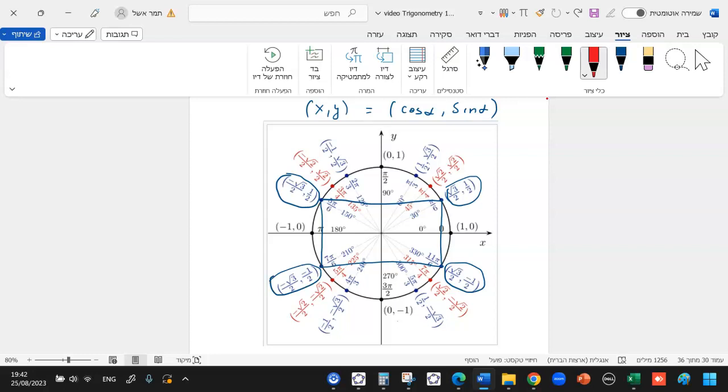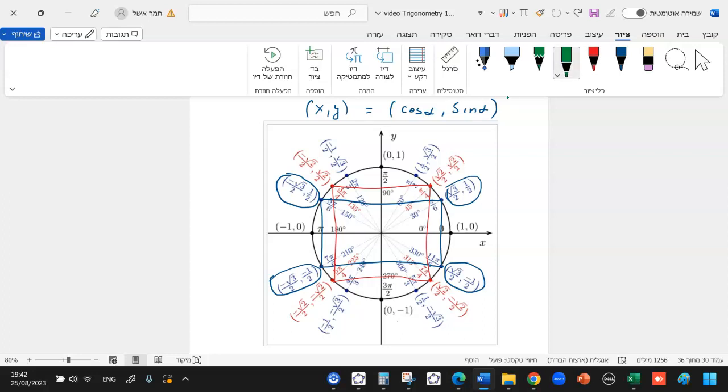Another group is the 45 or pi over 4 with 3 pi over 4, 5 pi over 4, and 7 pi over 4, which is actually minus pi over 4. They are all root 2 over 2, both sine and cosine, except for the direction.